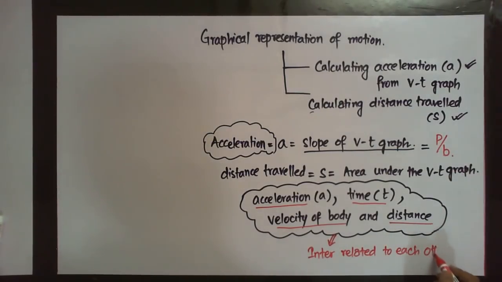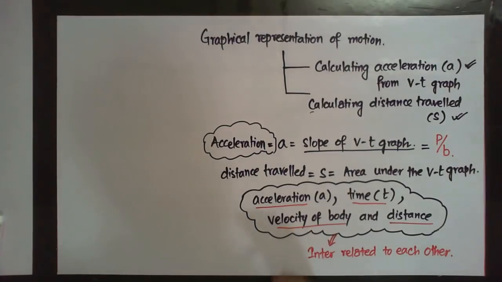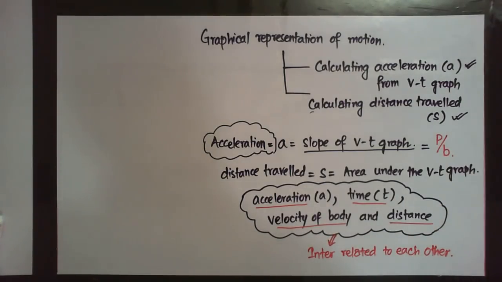So let us find out the relationship between all these quantities. We will be discussing today in our video how to find out the relationship between all these quantities, and they are called equations of uniformly accelerated motion.